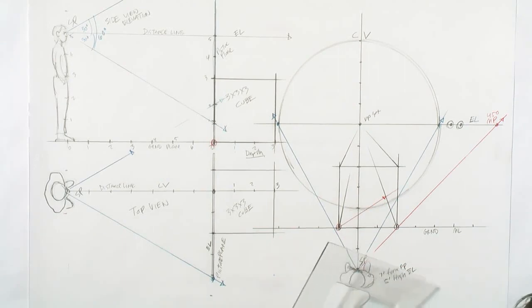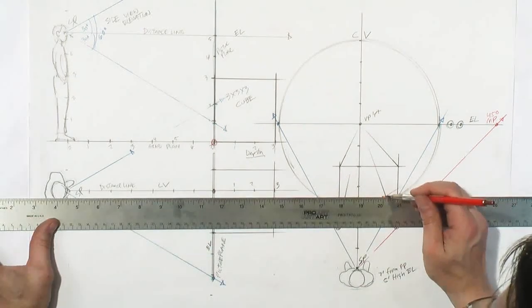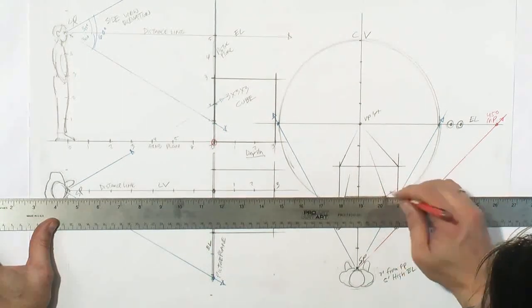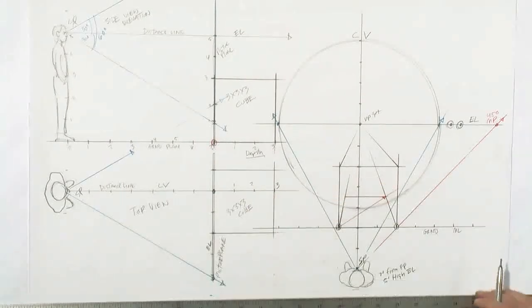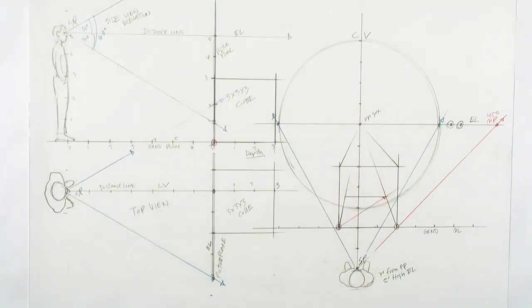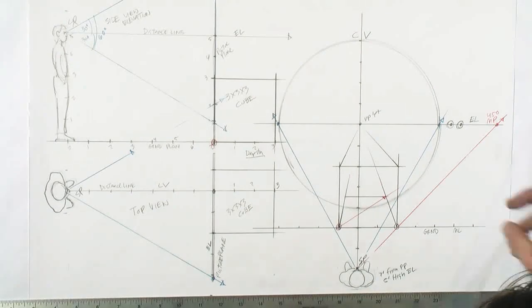So let's go ahead and draw back that back plane on the ground to make the footprint complete of our cube. Okay? And let's go ahead and get those side planes up in the back.